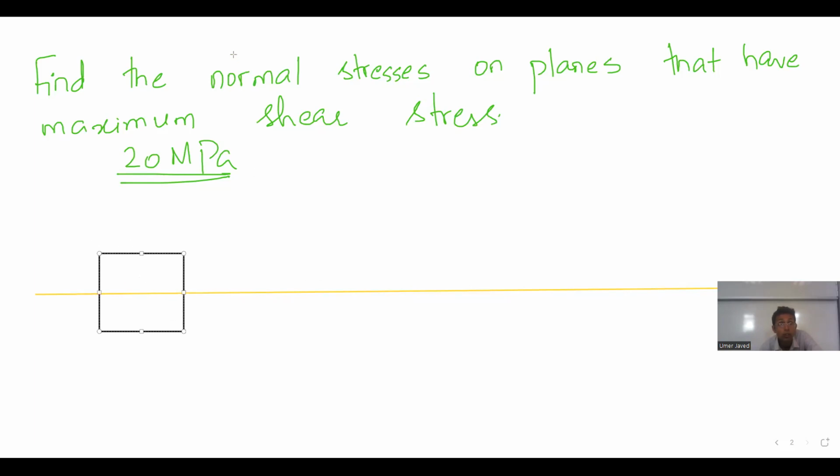And what was given to me was 10 megapascals negative, and 50 megapascals positive, and then let me draw some pink lines for 40 megapascal.